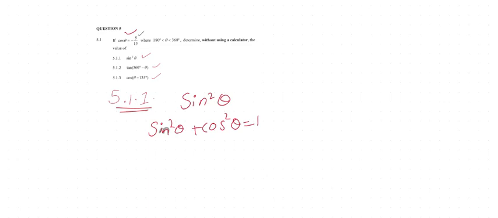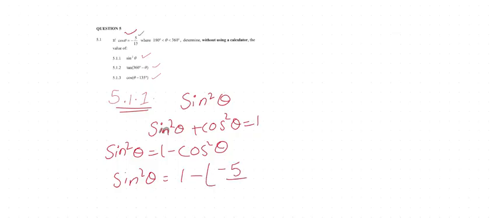So we have sine squared theta equals 1 minus cos squared theta. Now I put the values in the equation. Sine squared theta equals 1 minus, what is the value of cos squared theta? We have the value of cos theta, which is minus 5 by 13, squared, because we have a square on cos.